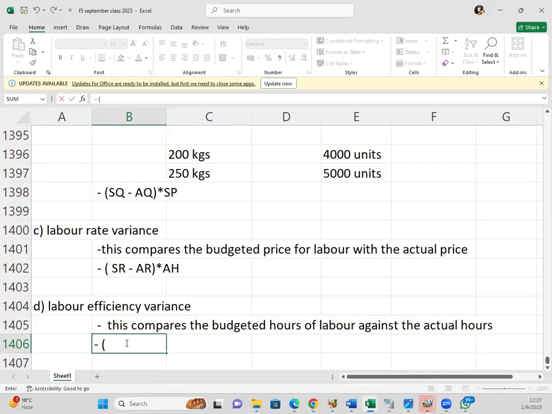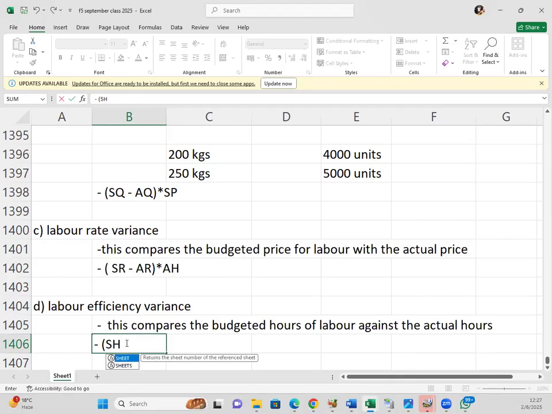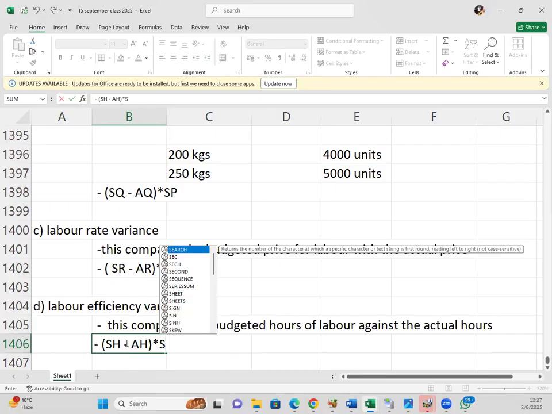So it's the budgeted hours for the actual units produced. So it's not just the budgeted, but it's the budgeted for the actual units, less the actual hours, times the standard rate.